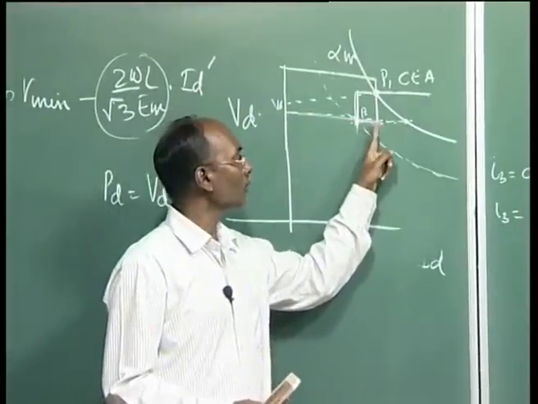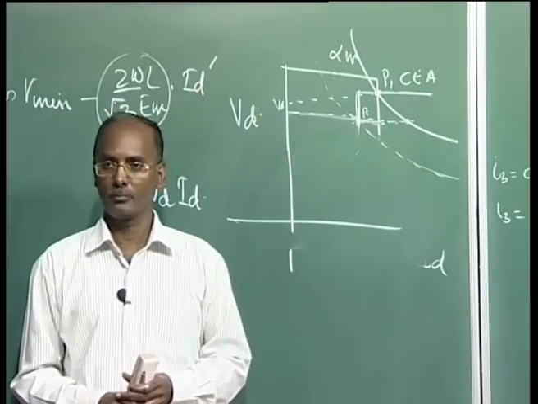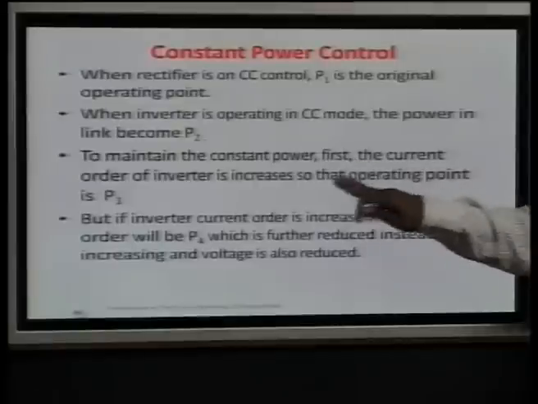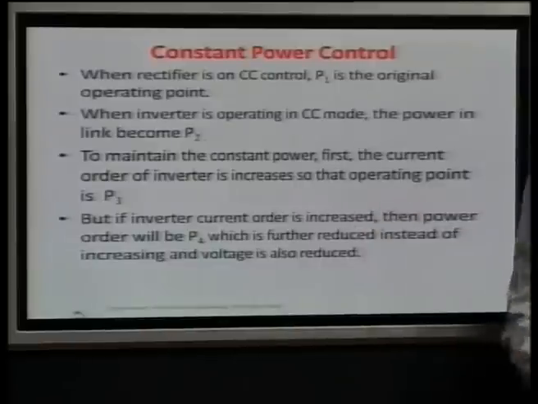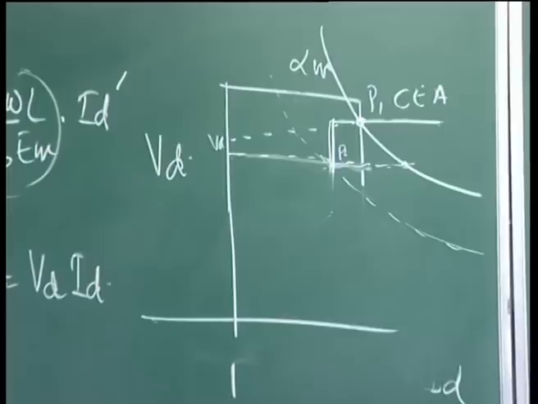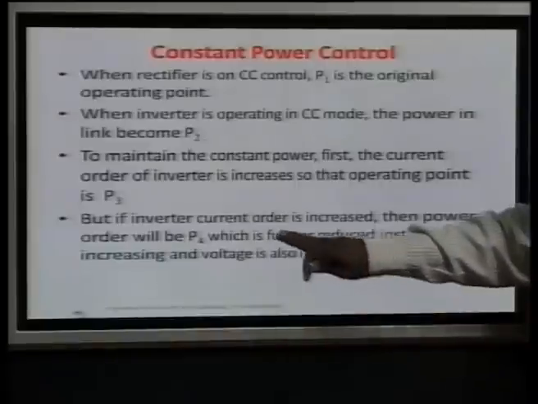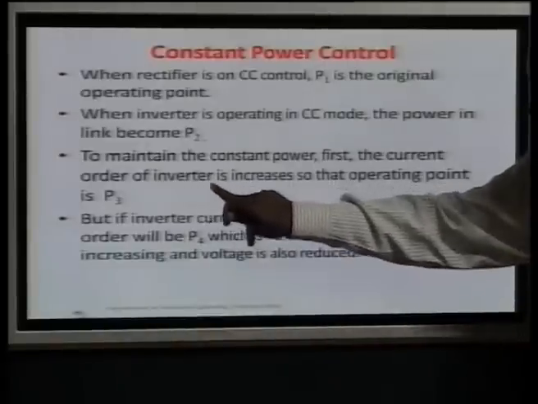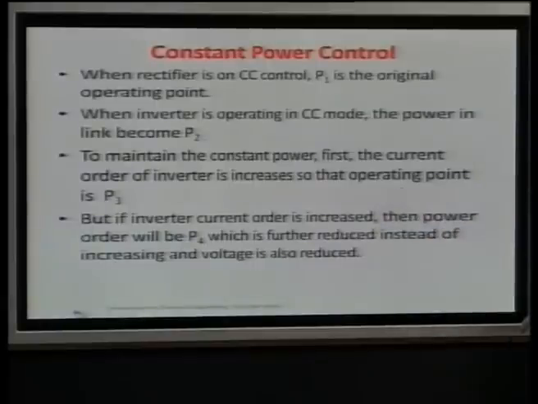First, see, we want to increase the current order of your rectifier end. Here it is not the inverter, it is basically the rectifier end, just correct it: the current order of the rectifier is increased, so that the operating point is P3.